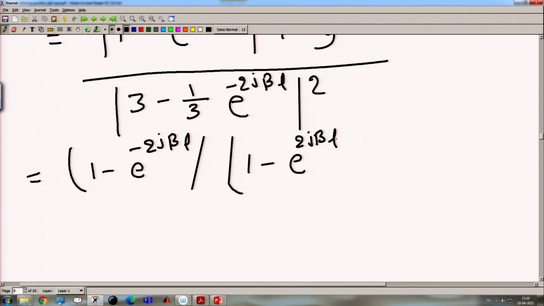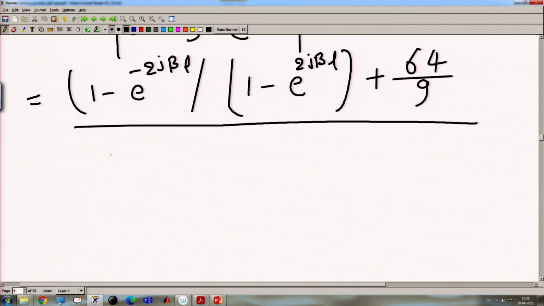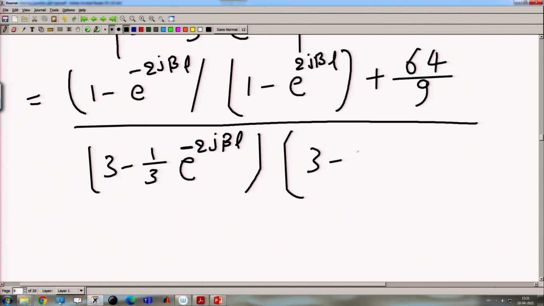So, mod of a whole square equals a into a star, where a star has e to the power plus 2 j beta L. Here it is plus 64 by 9 divided by (3 minus 1 by 3 e to the power minus 2 j beta L), and for this case also (3 minus 1 by 3 e to the power 2 j beta L).